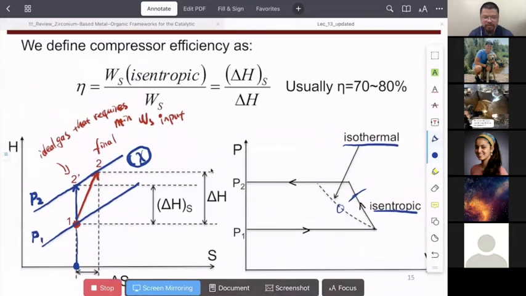And then for the compressor, we are using the same understanding to define the efficiency. So the efficiency is, this is the delta HS for the ideal change. So there you can see that we are going to have a smaller value. No, not ideal process. I try to move.